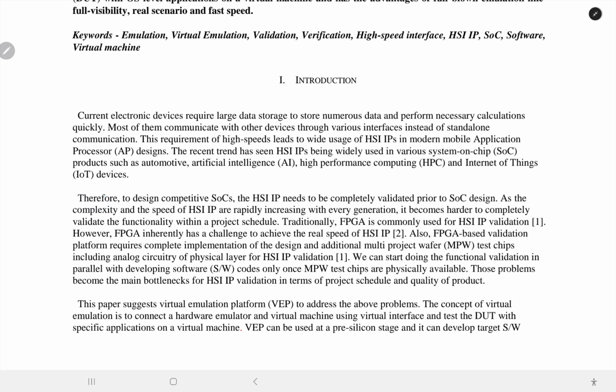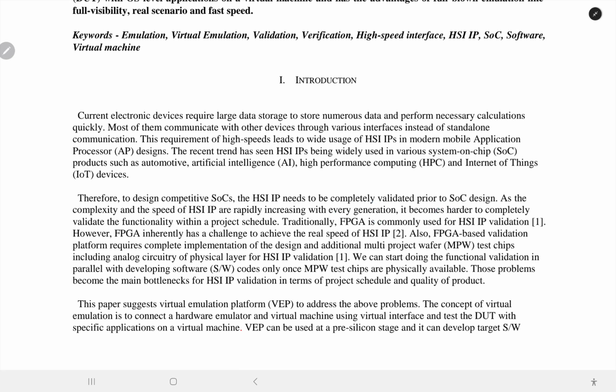Therefore, to design a competitive SoC, the HSI IP needs to be completely validated prior to SoC design, as the complexity and the speed of HSI are rapidly increasing with every generation.